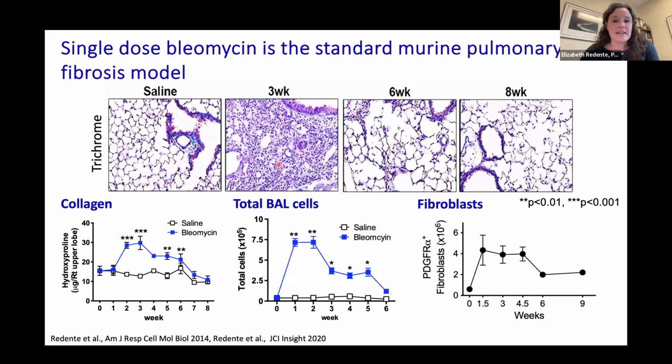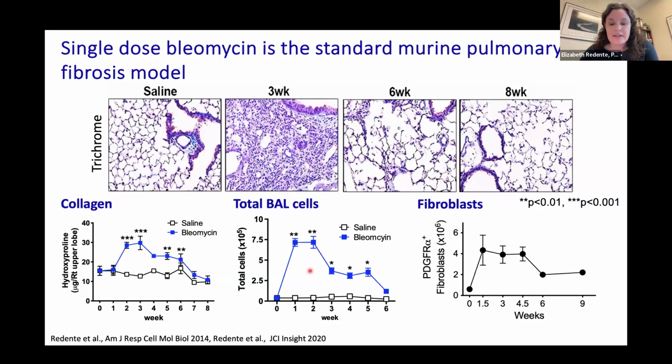The collagen here is kind of this blue-purple that we can see in this dense area that is filled with fibroblasts and immune cells. We can quantify the amount of collagen present in the lungs using a hydroxyproline assay. Again, here you can see the significant increase in collagen that's occurred at the peak of this fibrotic response.